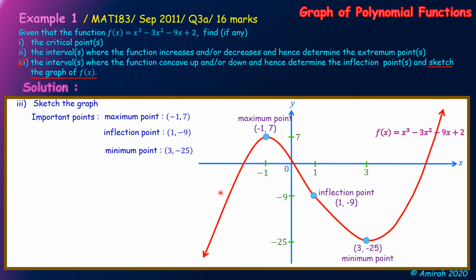So this is concave down. So the shape of the graph and the important points tally with the table of sign for f prime and f double prime.